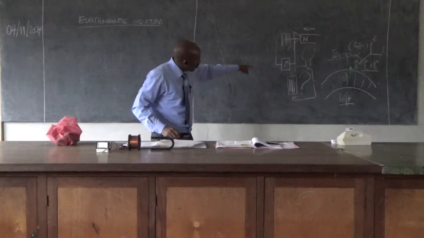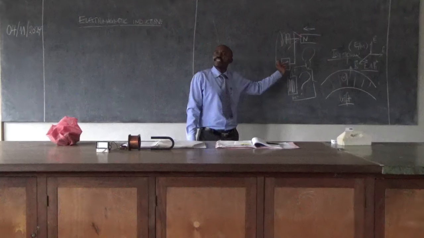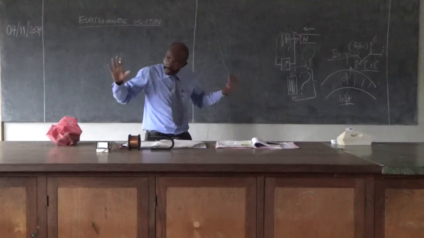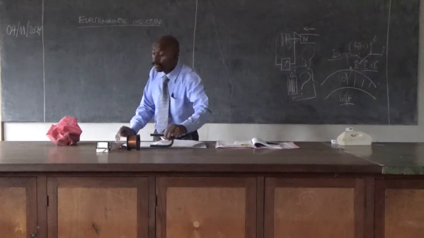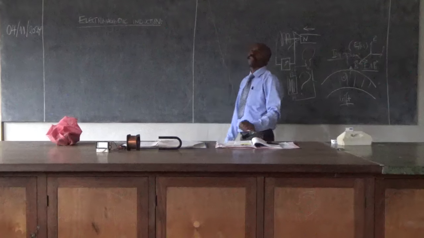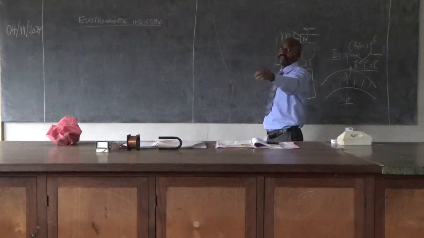So where do these electrons come from? I just have a wire which has its electrons. Fine. I've moved the magnet. Current has flowed. So where are these electrons causing the current flow coming from?